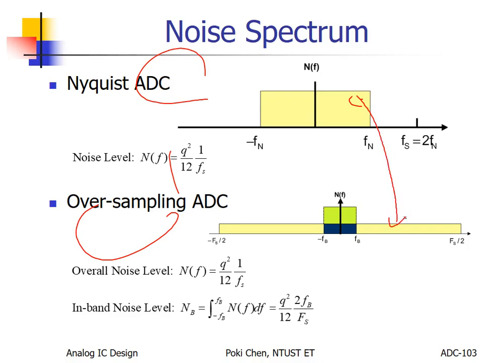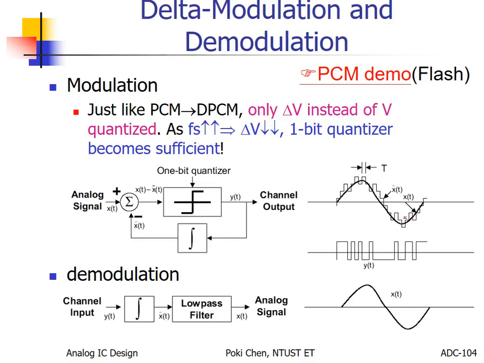The noise power is reduced uniformly, but it is inefficient. Then let's go for the idea of delta-sigma modulation. Why can we achieve something like that? Actually, we copy and paste, we duplicate such an idea from communication.